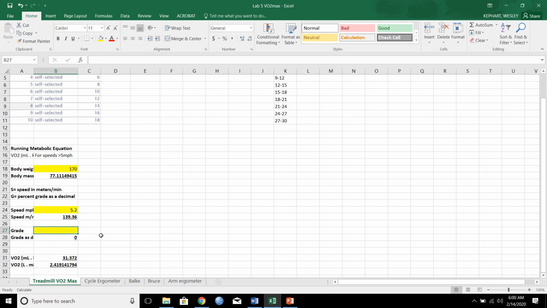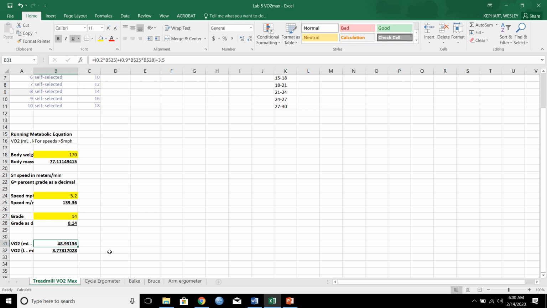And then here, percent grade, let's say for their final 3 minutes that they were able to maintain, they were at a 14% grade, super high, right? So this number right here, that is our relative VO2 max. So if someone was able to get to this stage and complete it, that means that they are at a 48.9 relative VO2 max. Their absolute VO2 max is 3.77 liters per minute. So that's how that works.